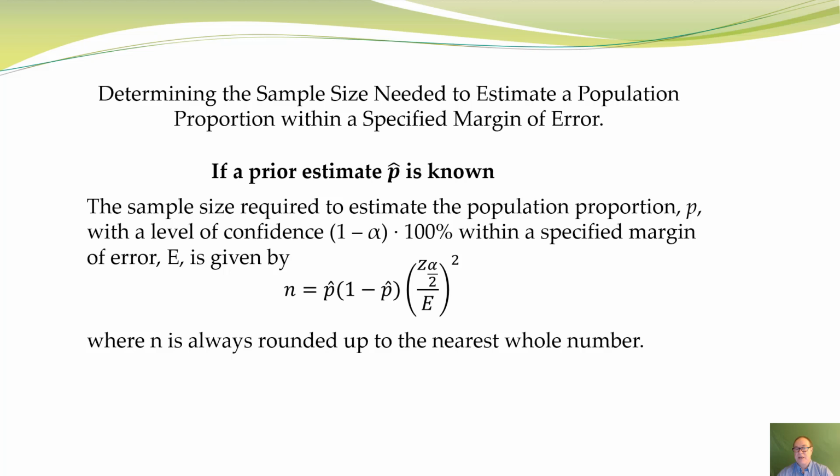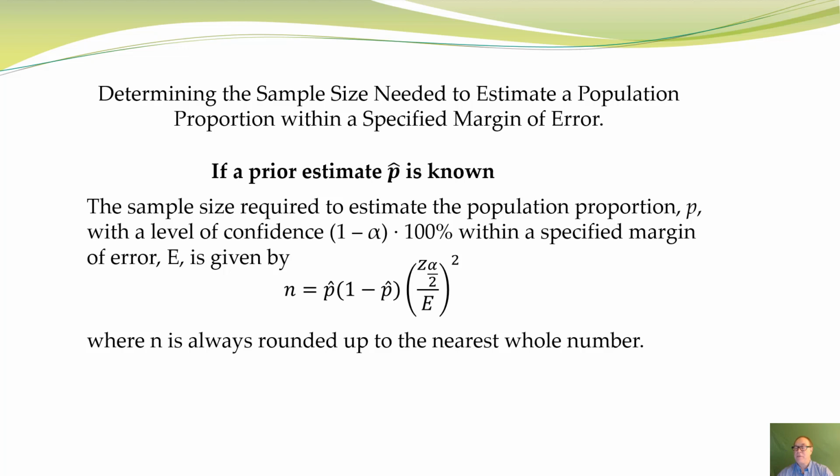So, the sample size required to estimate the population proportion P with a level of confidence within a specific margin of error E is given by N equals p-hat times 1 minus p-hat times the critical value divided by E, quantity squared. And we always round N up to the next whole number.